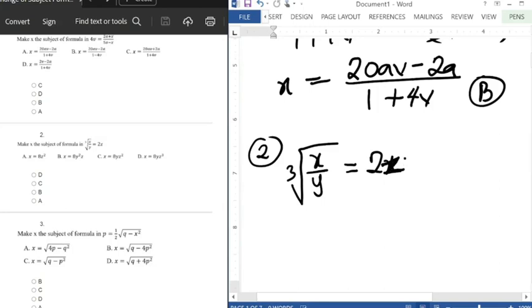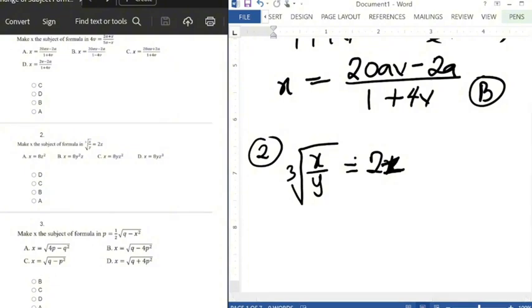If you look at this, what we want to make the subject of formula is inside the cube root. So the first thing we need to do is to remove the cube root, just like when you want to eat an egg, you have to break the shell and remove it before you can eat whatever you have in the egg. So we open the cube root by cubing it.